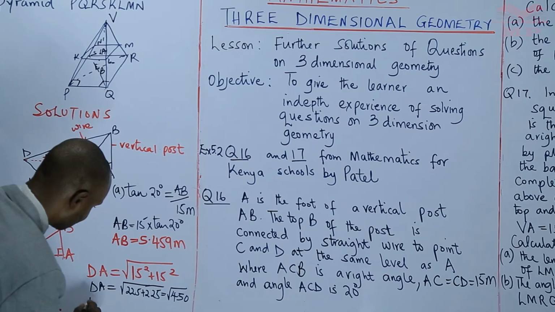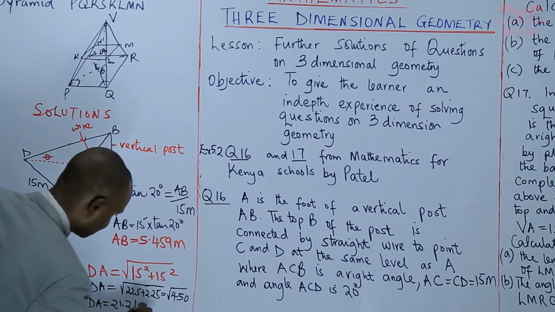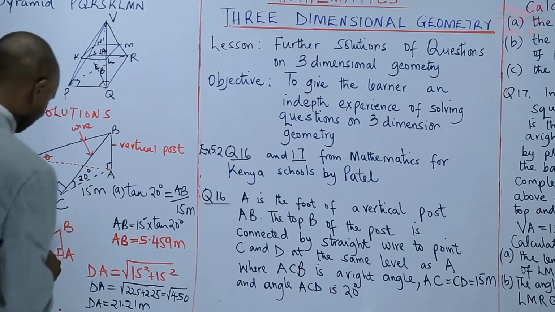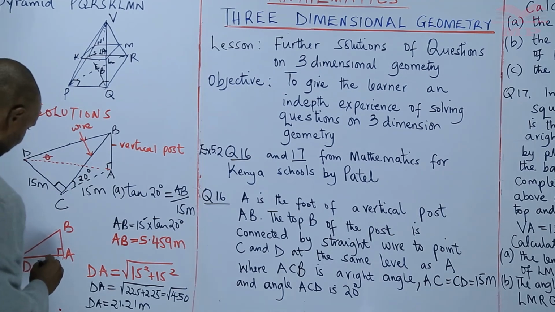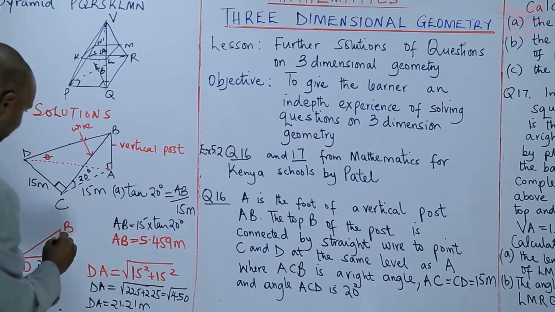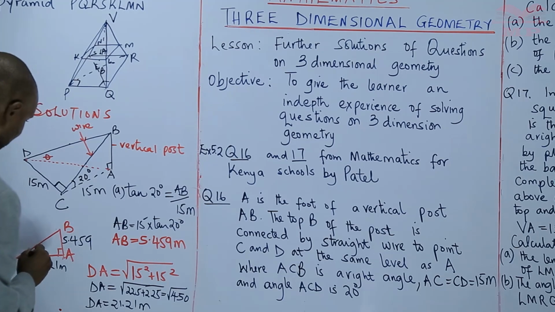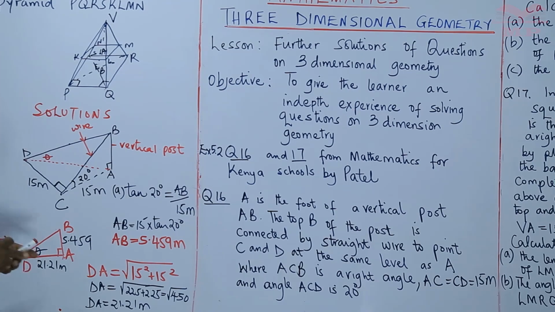So DA is 21.21 meters, and BA I got as 5.459. It helped me to get that angle of inclination theta.